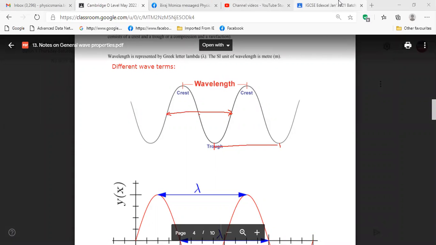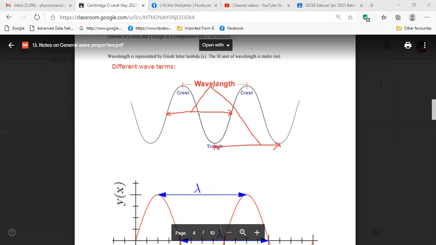So you write the heading now, wavelength. Please write the heading wavelength. Monica, please, you see, here we have three wavelengths, right?